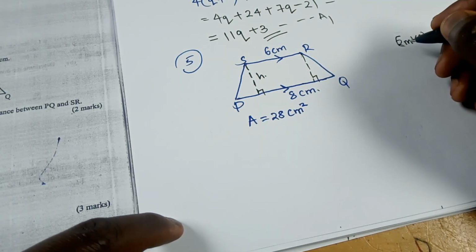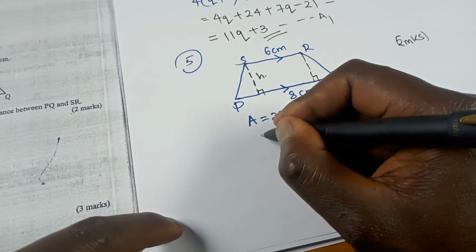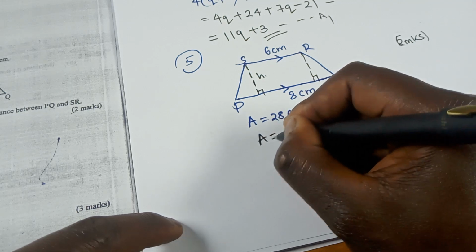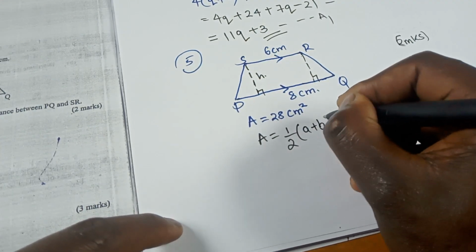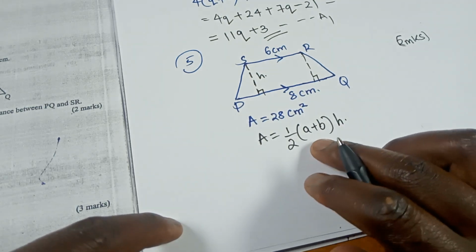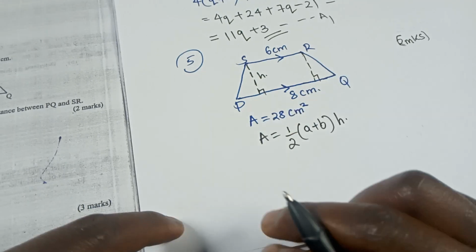And for us to answer that question, we need to understand the formula of finding the area of a trapezium. Area is equal to a half into brackets A plus B multiplied by height, where A and B are the 2 parallel sides.